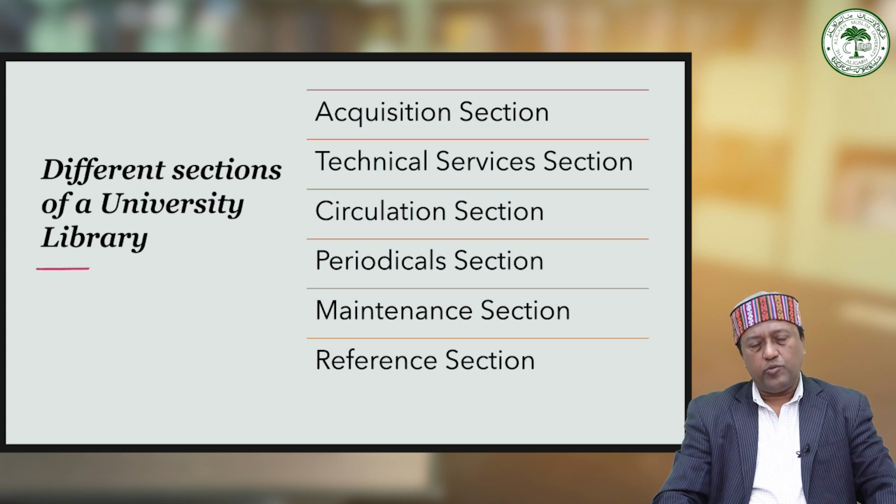Once you subscribe to a periodical, instead of purchasing or acquiring, we use the word subscription. When you subscribe to a periodical, you have to keep track of all the issues. These are unending publications, so whenever a university or any library for that matter subscribes to any title which is considered a periodical, they have to keep track of all those issues until the volume completes.